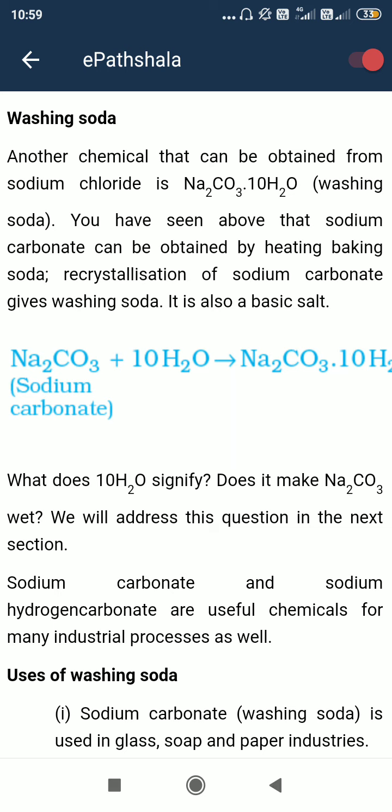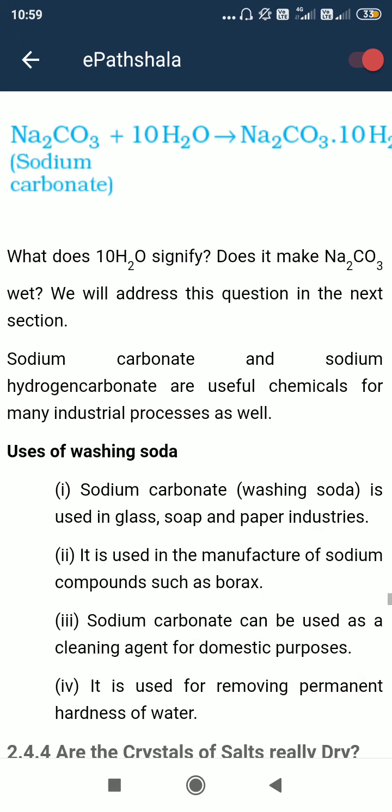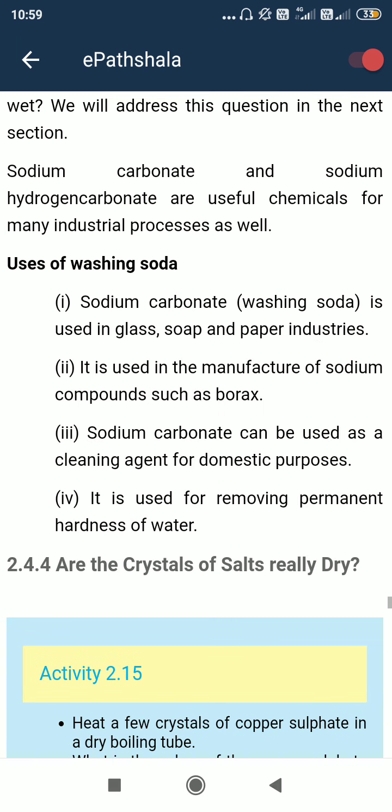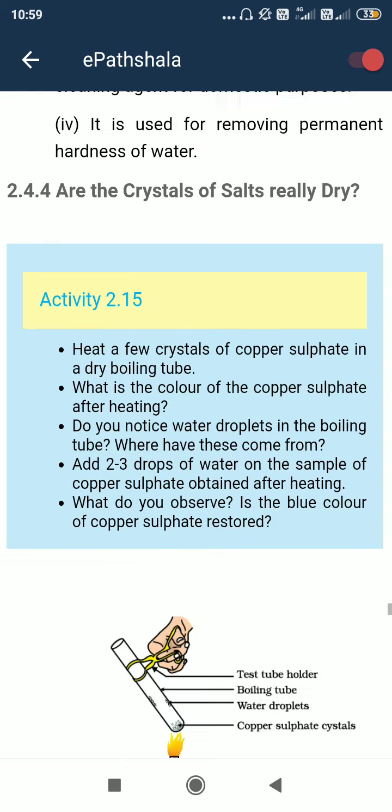Baking soda is sodium bicarbonate, and washing soda is simple Na2CO3, but in addition 10H2O is present. You may remember that during washing we add water, so that's why 10H2O. So, baking soda, washing soda.